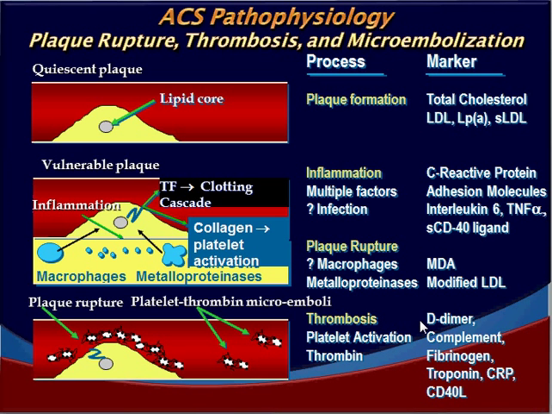You can see in the blood in the form of D-dimer, decrease in the complement, consumption of the complement, fibrinogen is consumed or reduced, and then troponins are increased, CRP is increased, CD40Ls are increased. This is how we can mark whether the plaque is just a lipid core, whether it is a vulnerable plaque, whether there is a rupture with ongoing thrombosis.